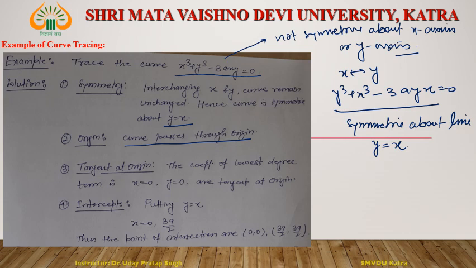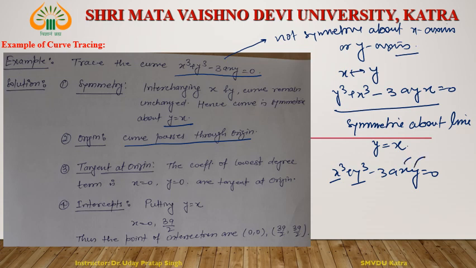The tangent at the origin can be obtained by equating the lowest degree terms to 0. This is the third degree term, x cube plus y cube minus 3axy is equal to 0, and this is the second degree term.